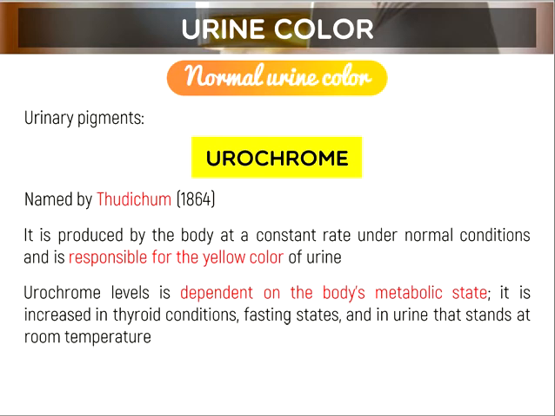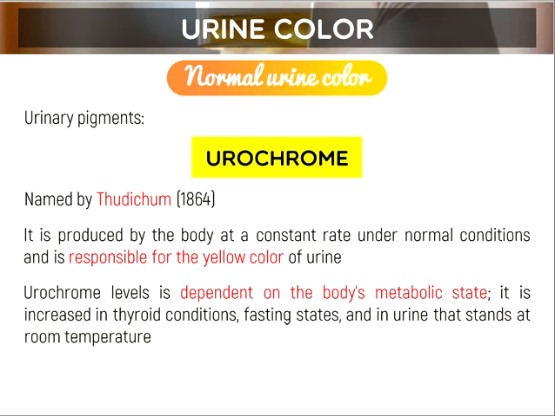First, we'll discuss urochrome. It was named by Thudichum in the year 1864. It is responsible for the yellow color of urine. Therefore, it is the major pigment. Take note, guys, urochrome is the major pigment.